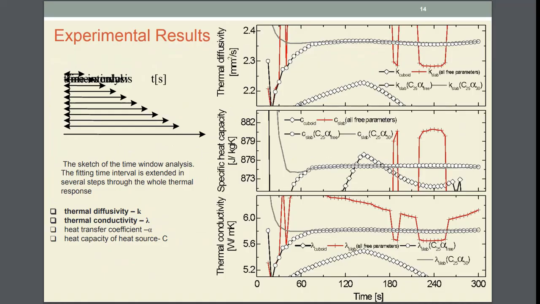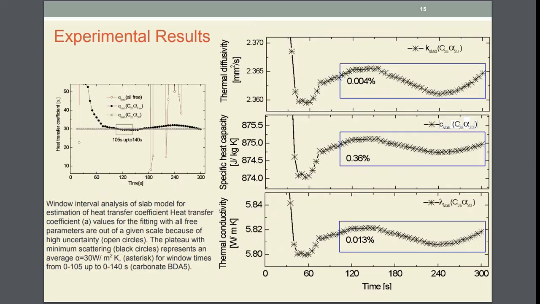So this is how our results look, and this arrow is the time window interval, the window we are selecting to get the thermal property, and here is the alpha. In this picture you will see the difference between the maxima and the minima is so small that it coincides very closely with the experimental values, and the error is so low.